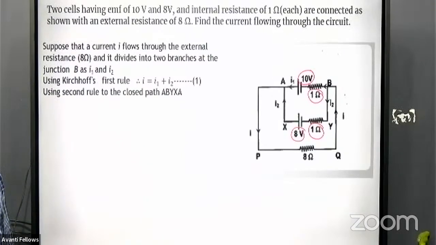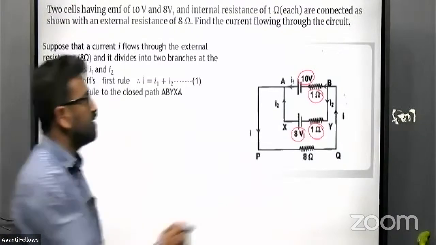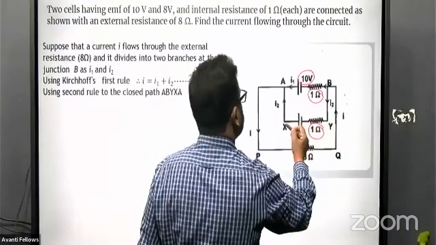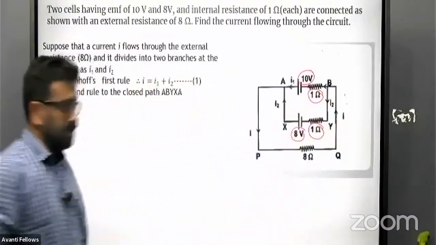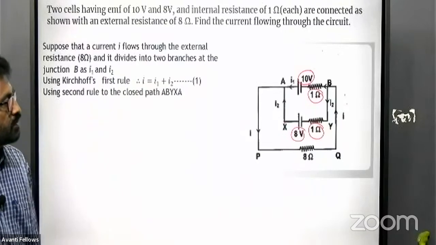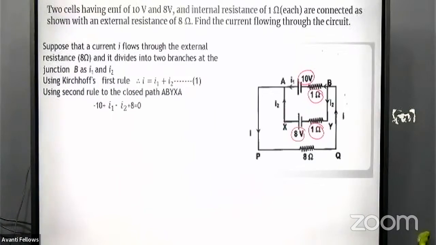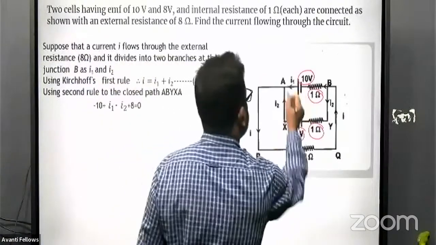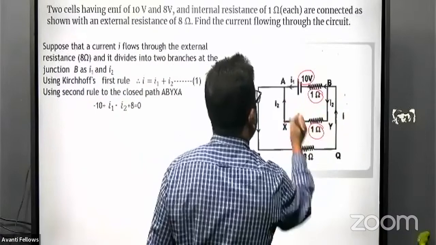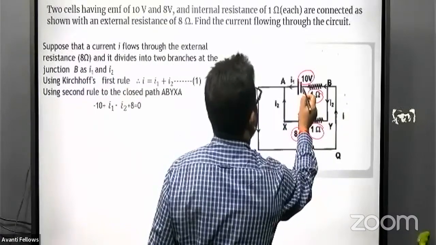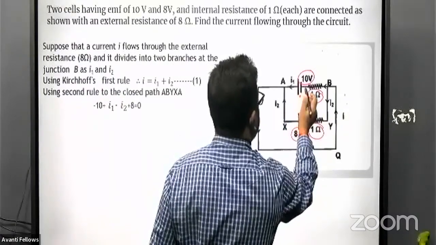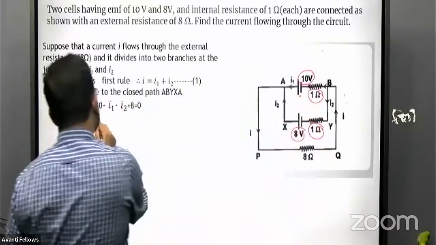Then the second rule we can apply to the closed path ABYXA. By applying the loop, let's see. One voltage there is 10 volt and the other voltage there is 8 volt. Going ABYXA, it is from positive to negative through the electrolyte, so it is minus 10.